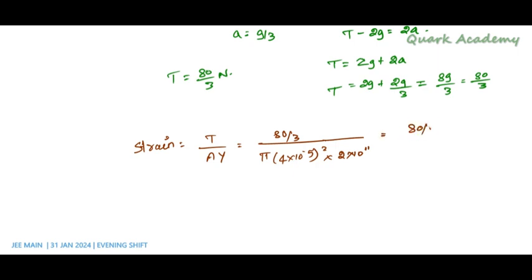So let's square it. This will become 16 into 10 power negative 10. This is 2 into 10 power positive 11.